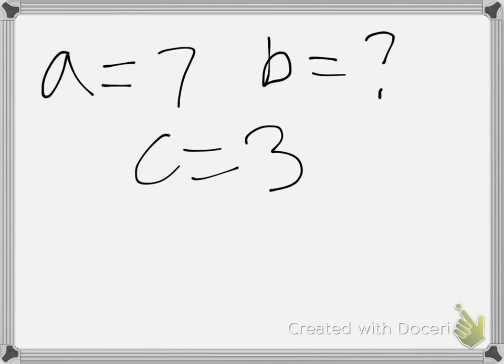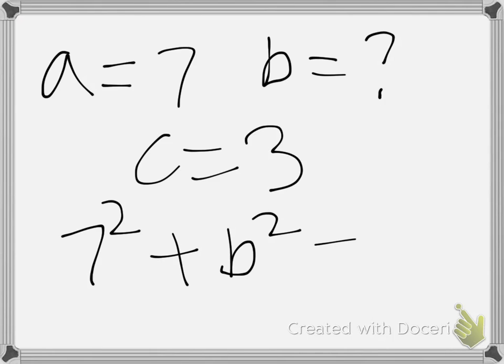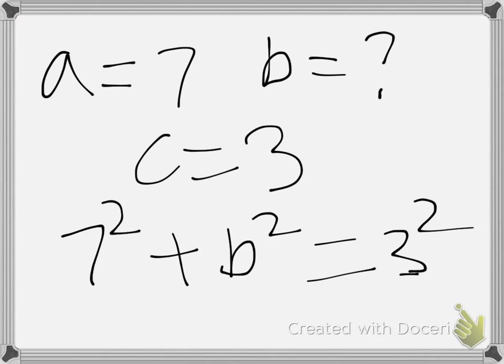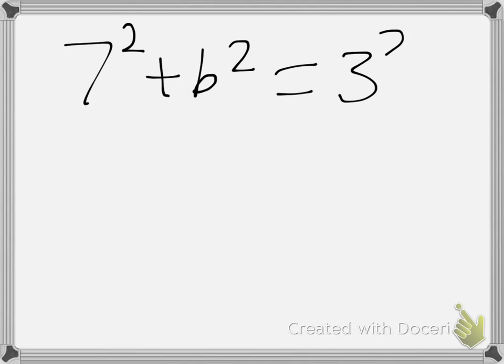Now let's solve for B. 7 squared plus B squared equals 3 squared. Let's just rewrite that here.